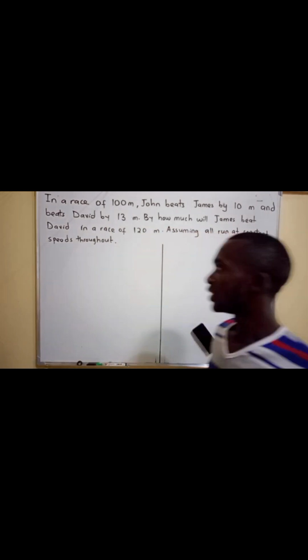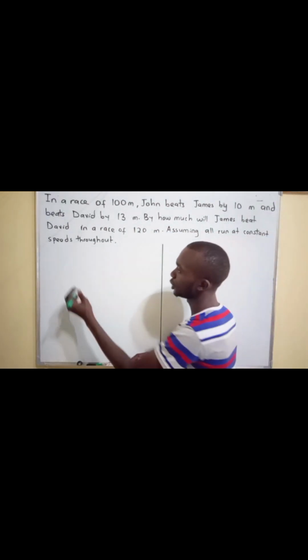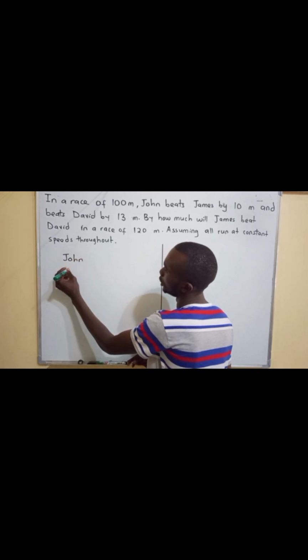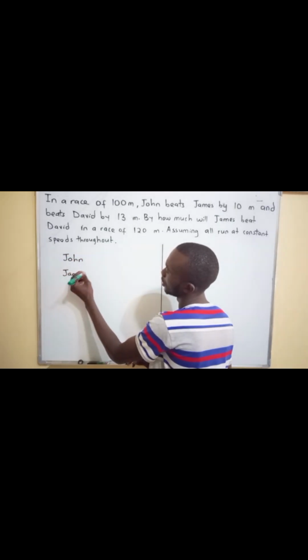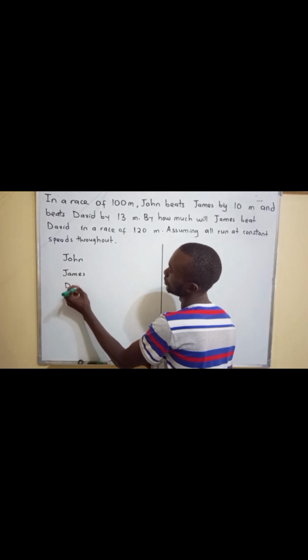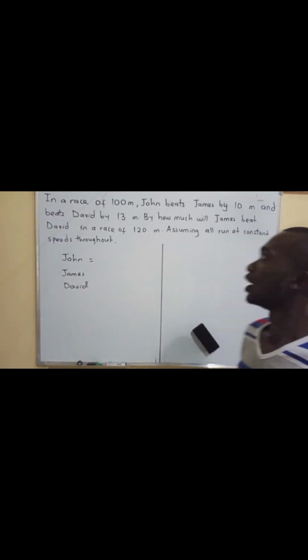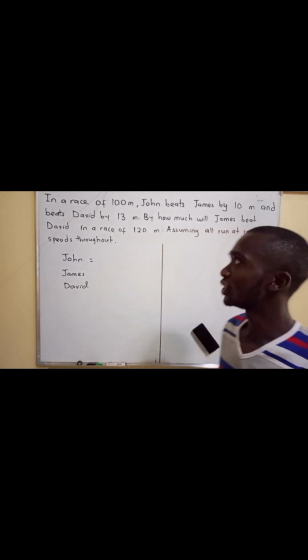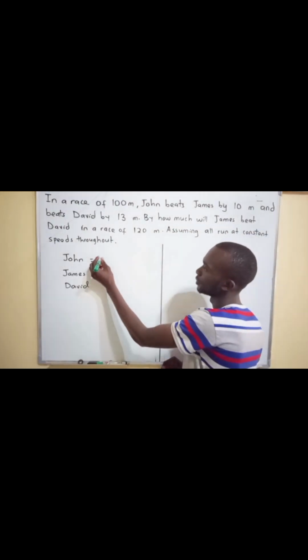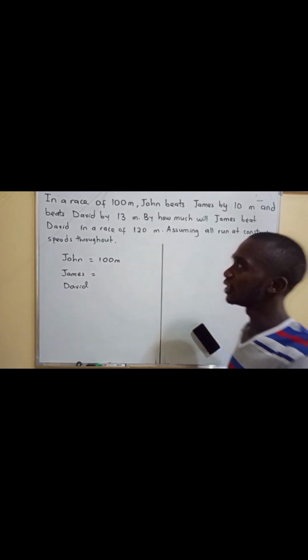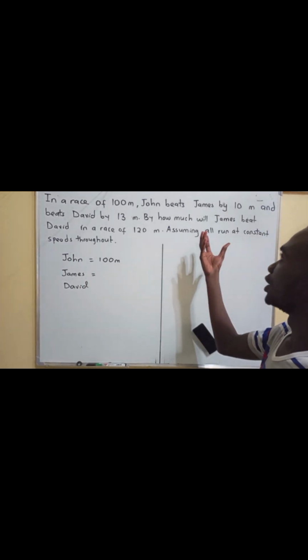Now, we have the three individuals. We can put them on the board. That is John, James, and David. Now, if John covers a total distance of 100 meters, James, we're being told that John defeats James by 10 meters.